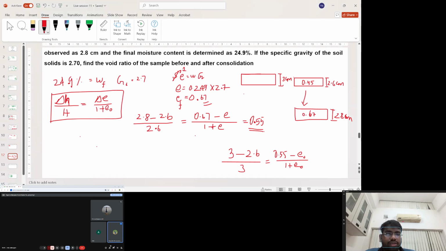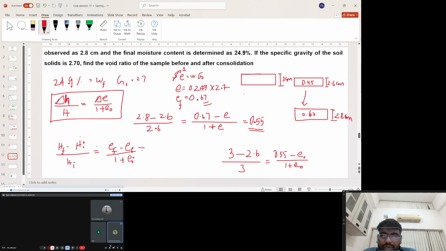And here, if we see this, it should be 3. This is H final minus H initial by H initial equal to e final minus e initial by 1 plus e initial.